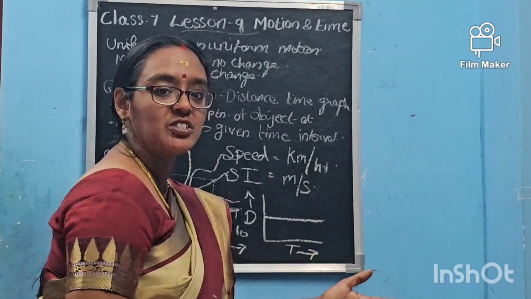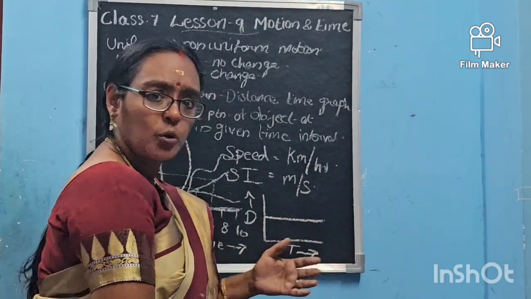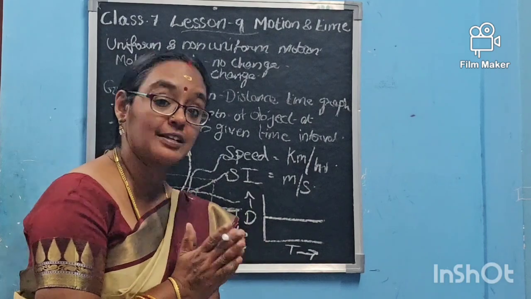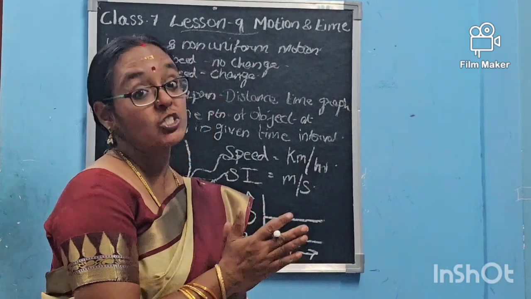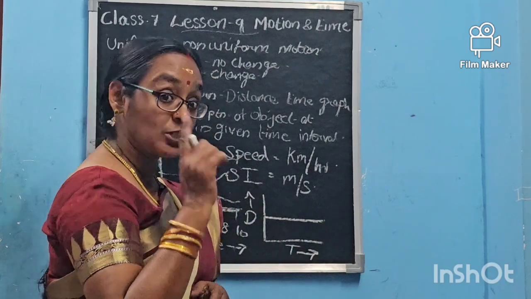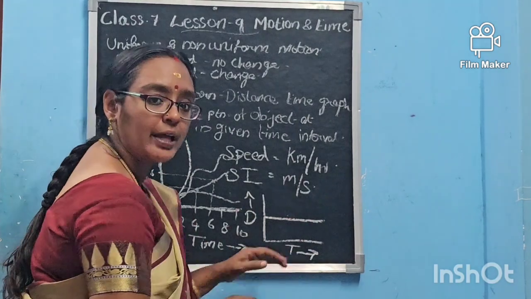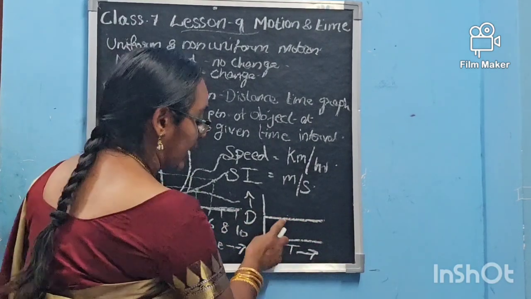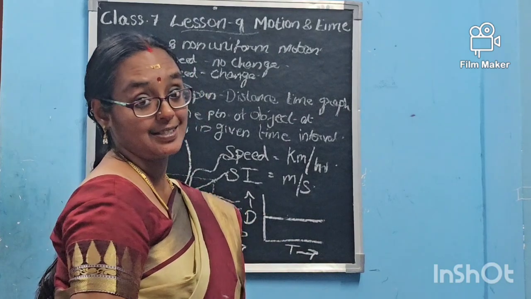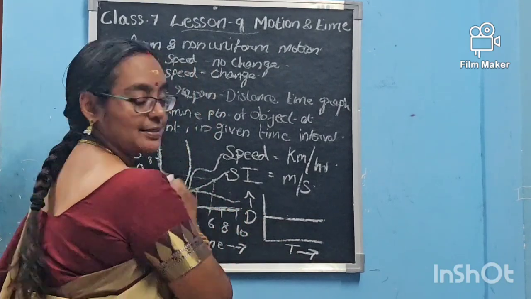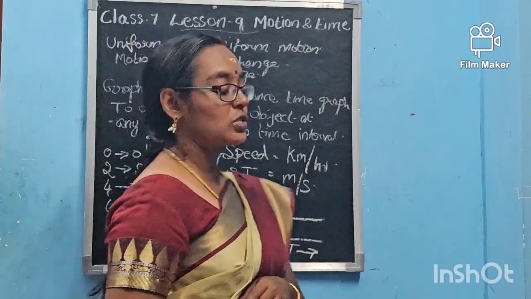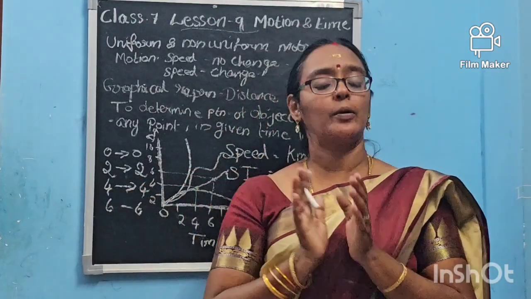As the time is changing, is there any change? No, because the object is at rest. The position is not changing with respect to time. As I told you in the beginning itself, it's not changing its position. So what happens? It's at rest. It will be parallel to my x-axis. Okay. This is all about the lesson.